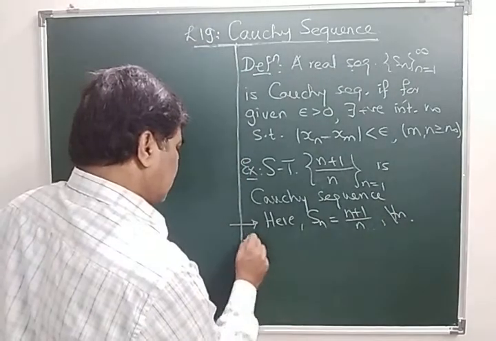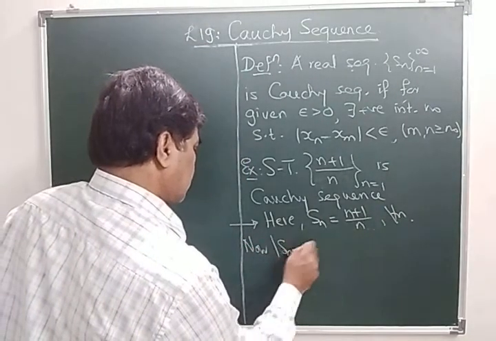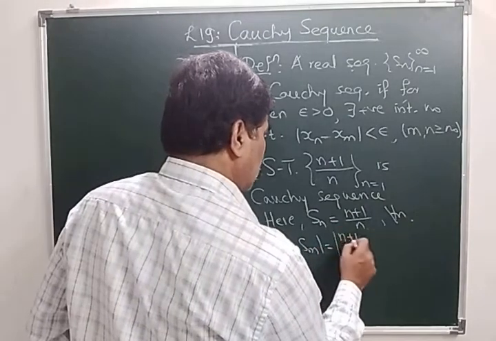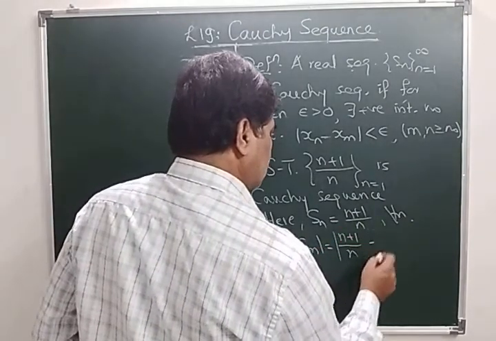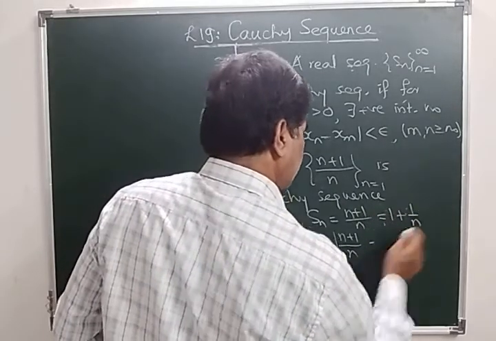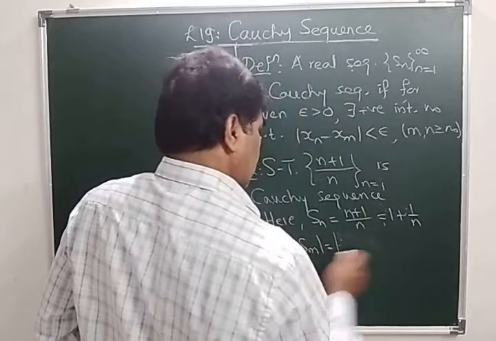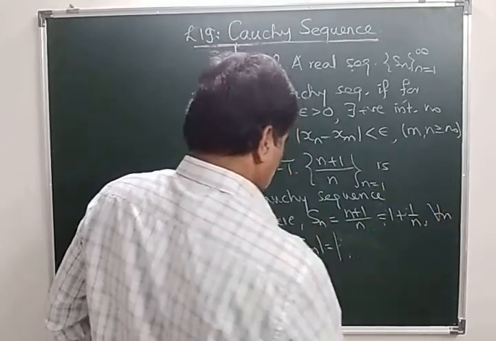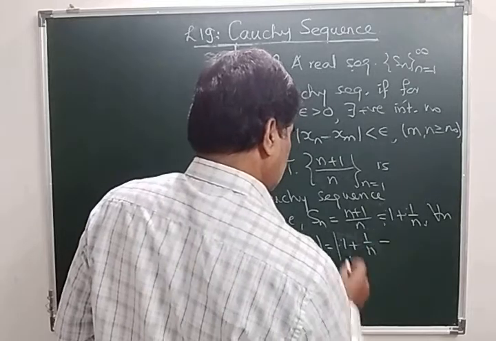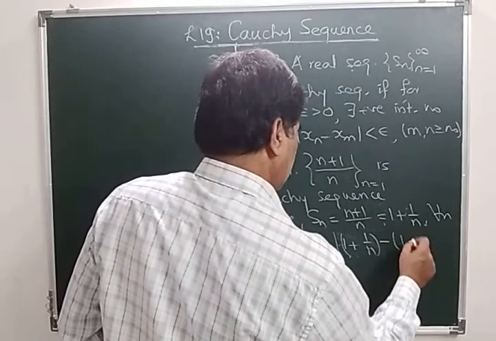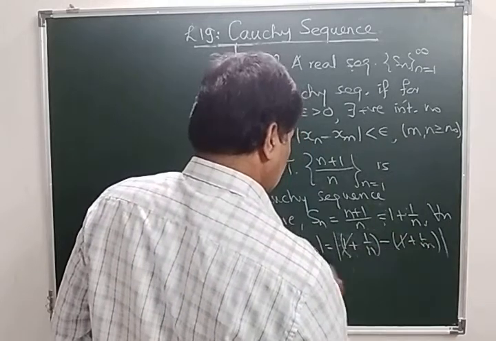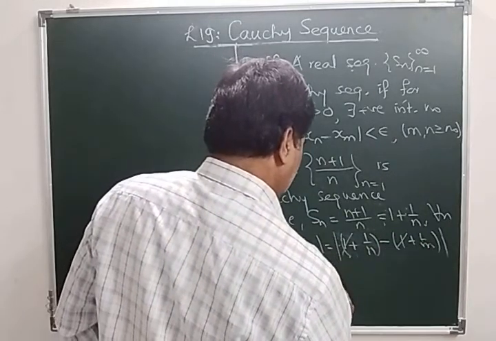Now mod of Sn minus Sm is nothing but mod of n plus 1 upon n minus m plus 1 upon m. I can write this as 1 plus 1 upon n minus 1 plus 1 upon m. This 1 gets cancelled, and we get mod of 1 by n minus 1 by m.